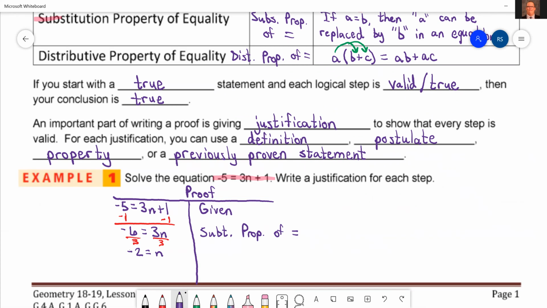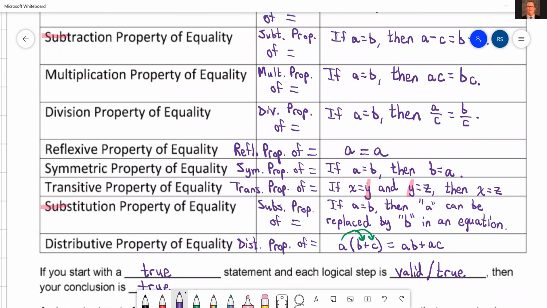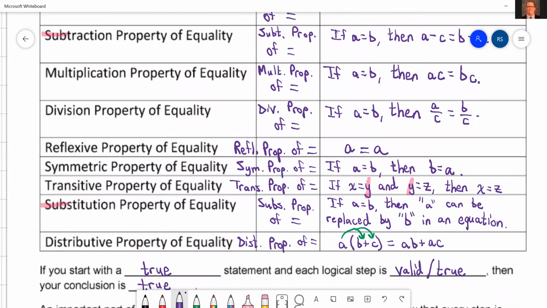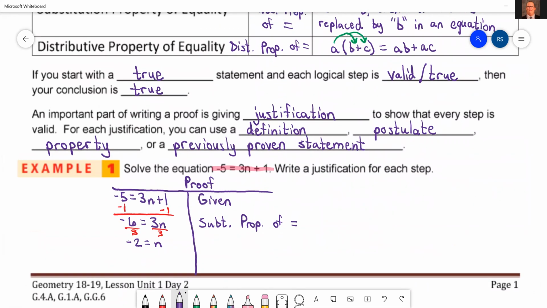Well, what did we do? We divided. Which one of our properties deals with division? The division property. So this step would be the division property of equality.